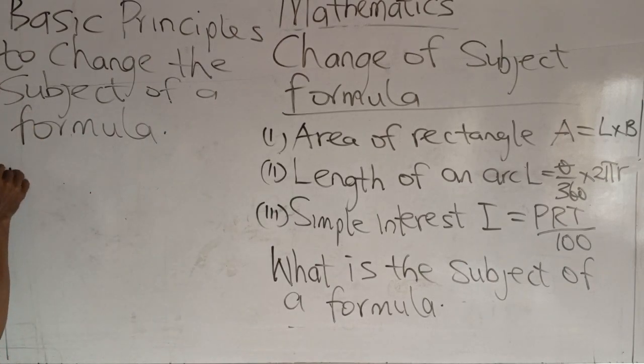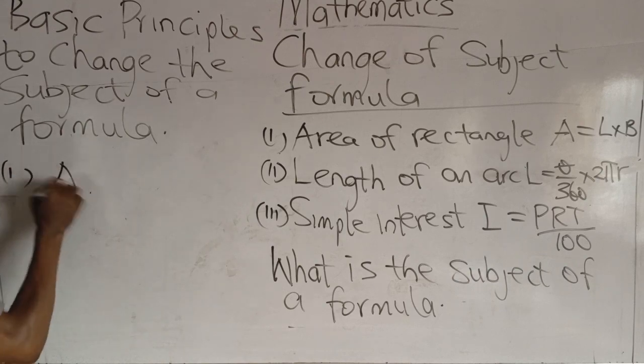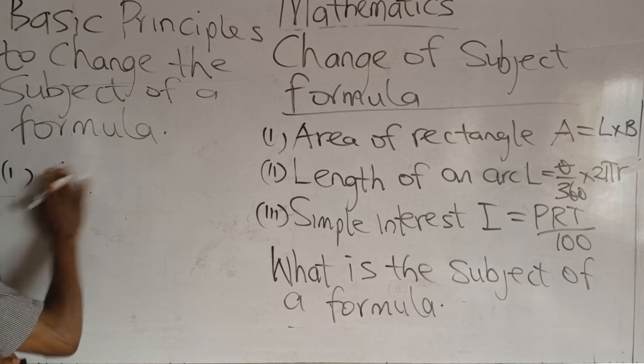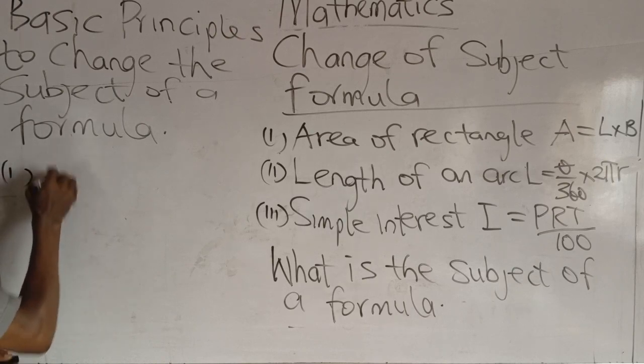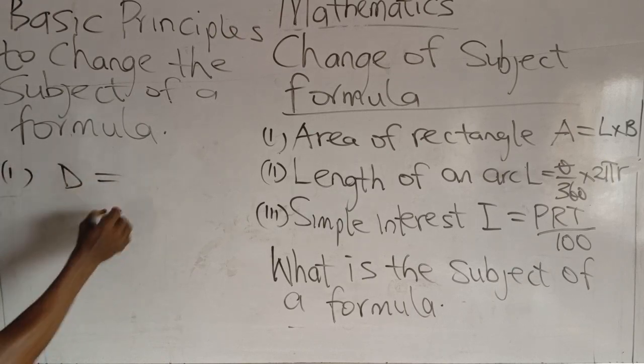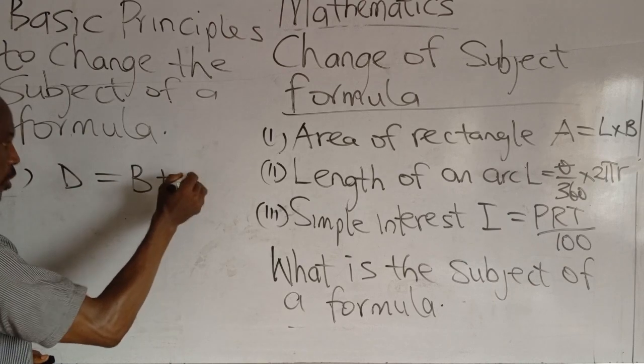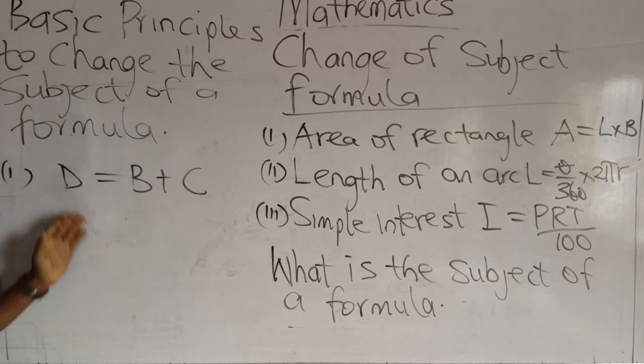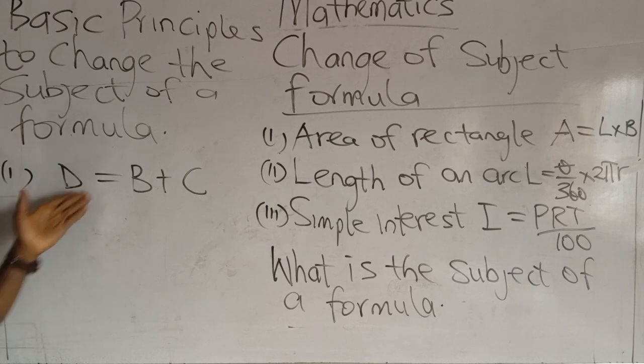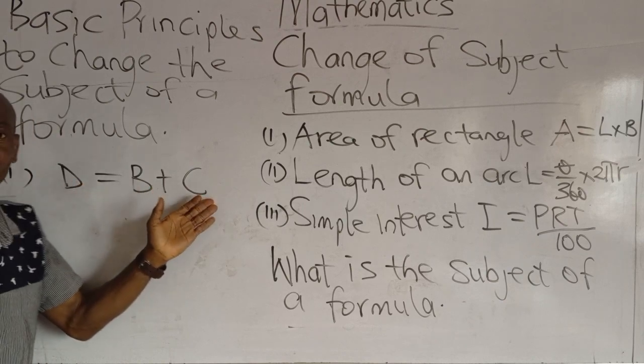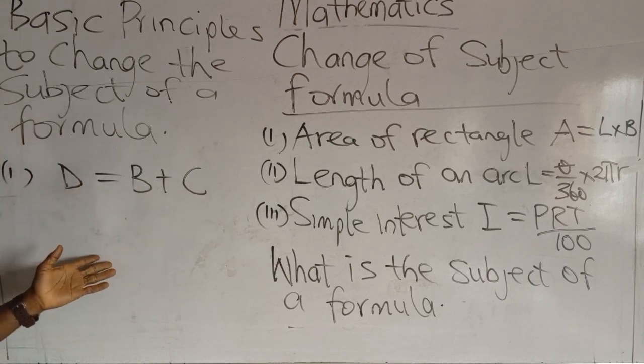Basic principle 1. Let me take a subject formula. D is equal to what? B plus C. We have an equation, D is equal to B plus C, as our first principle.